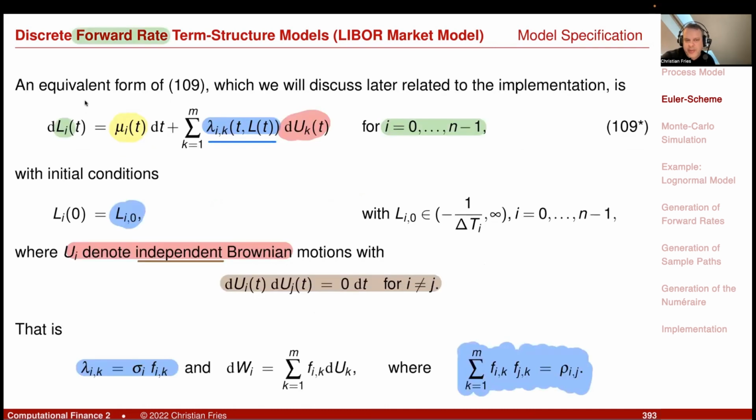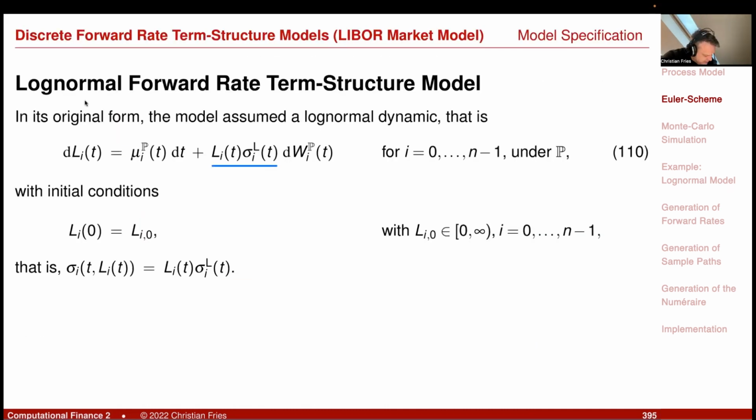This is the sigma I in this general notation. So if we move to our log normal model, this here is the sigma I of this general version. So I immediately know that the drift of the log normal guy, if we move to the equivalent martingale measure, is Li sigma I Lj sigma j. So now this is this sigma here. So maybe I use the superscript here to indicate that it's the log normal one, rho ij.